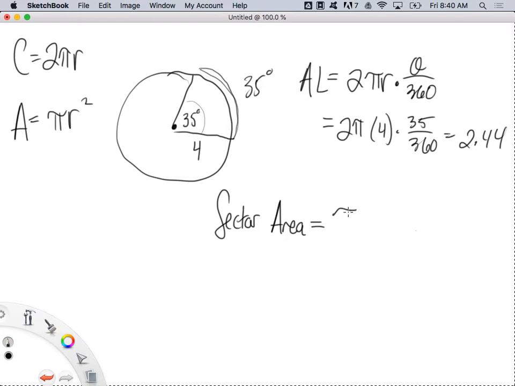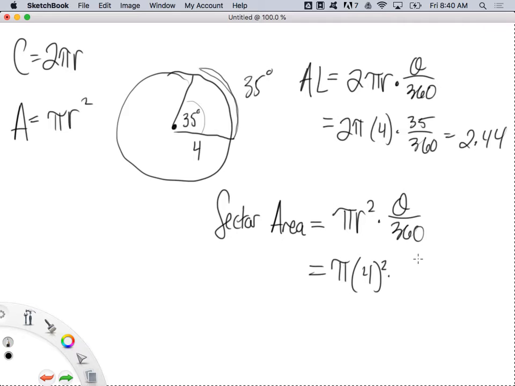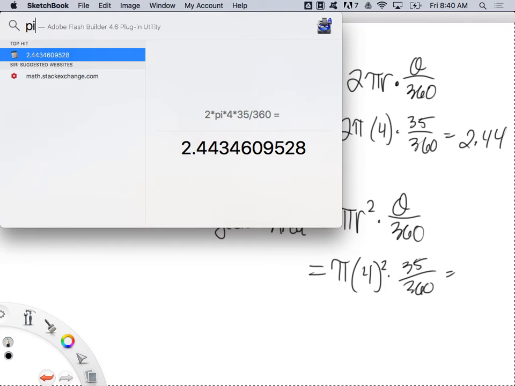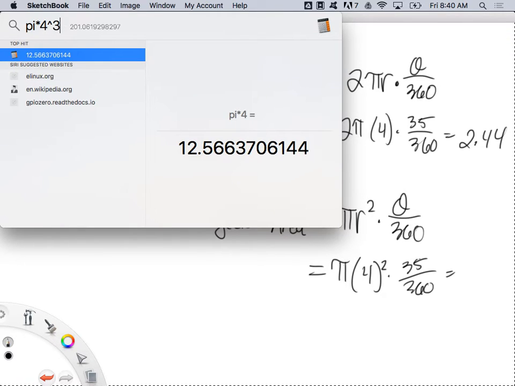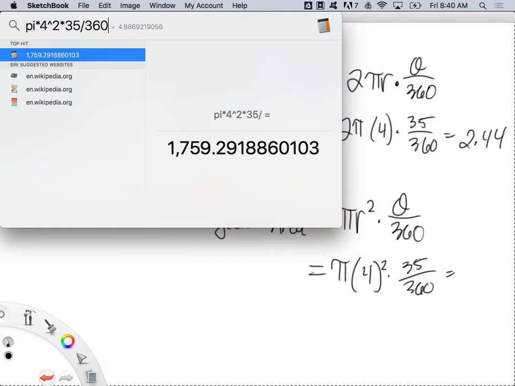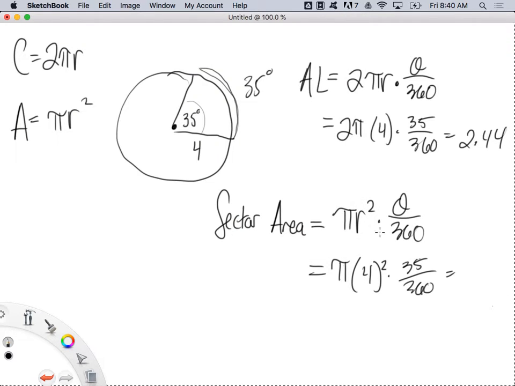So the sector area is pi r squared times theta over 360. You guys remember this? So it's pi, the radius is 4 squared, the angle is 35 over 360. I'm going quickly through it because I want to make sure I hit everything. And it's 4.9.